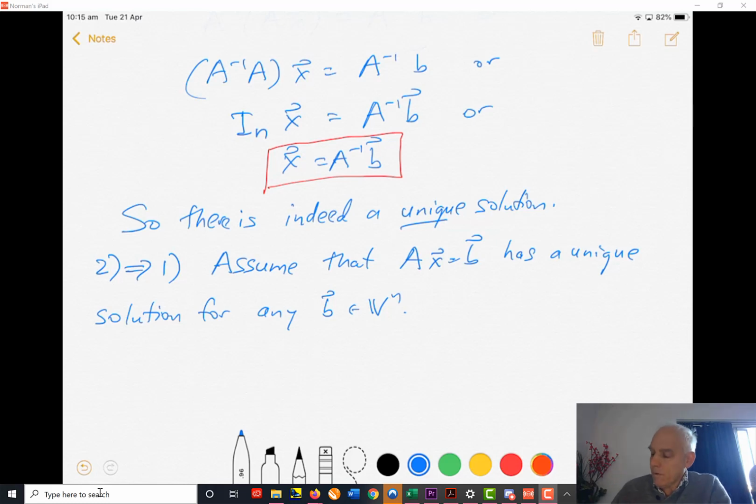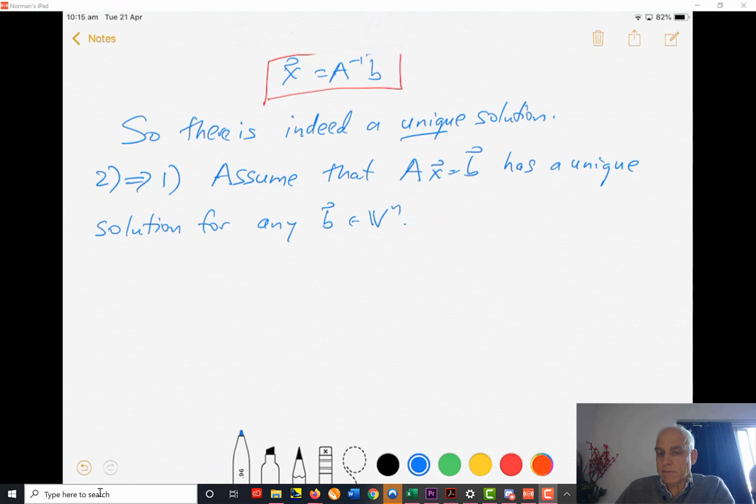Now, what I'm going to do is choose some interesting and important values for B. Now, if E sub I is the vector which has zeros everywhere except for a single 1 in the ith spot, I better write this. So the 1 here is in the ith position.